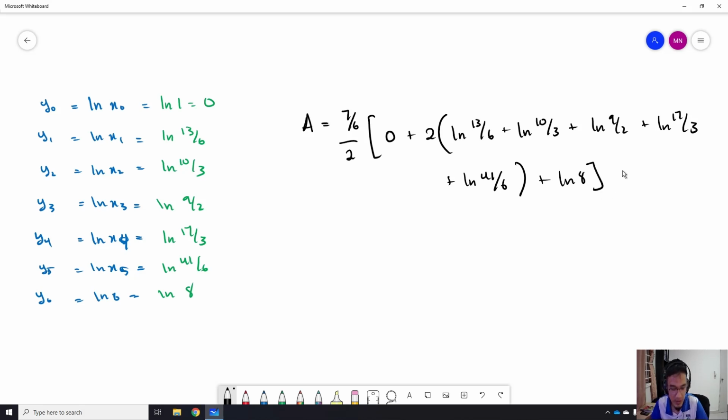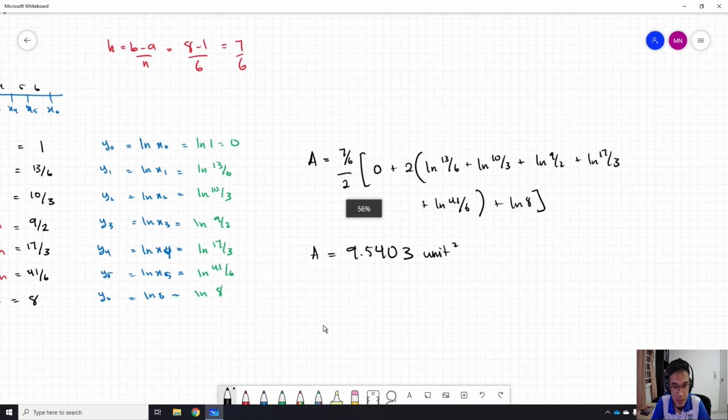Then you can find that our answer is 9.5403 unit square.